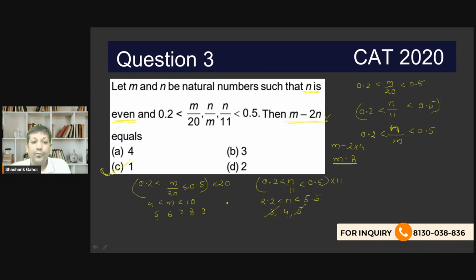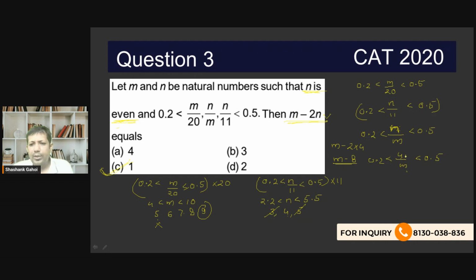Okay, now we are going to check whether m is really 9 or not. So n is 4, and the range is 0.2 to 0.5. Now if m is 5, 4 upon 5 is 0.8, not in the range, so m cannot be 5. 6, 4 upon 6 is what?